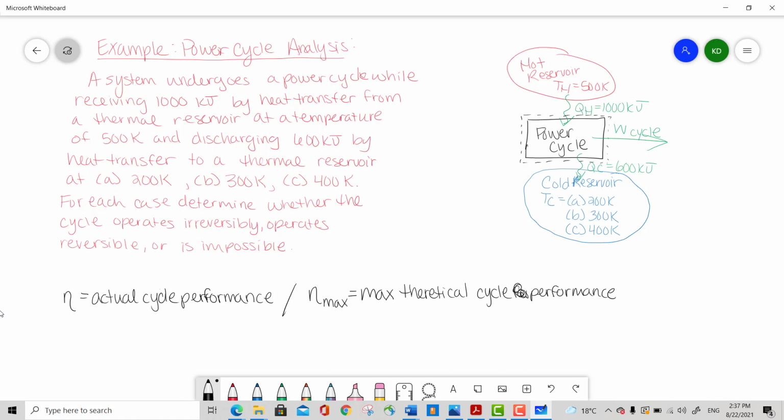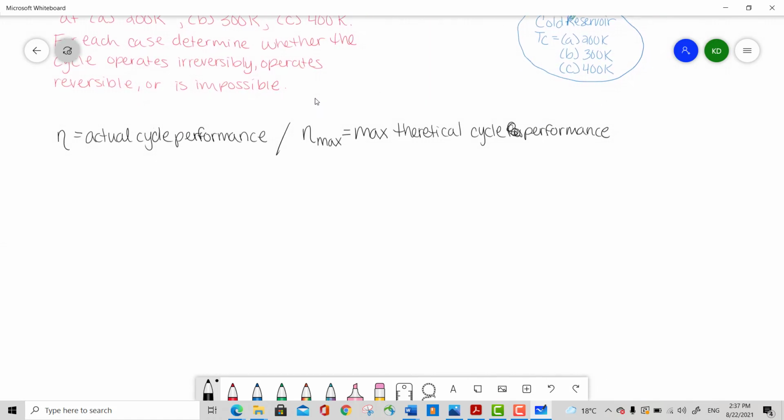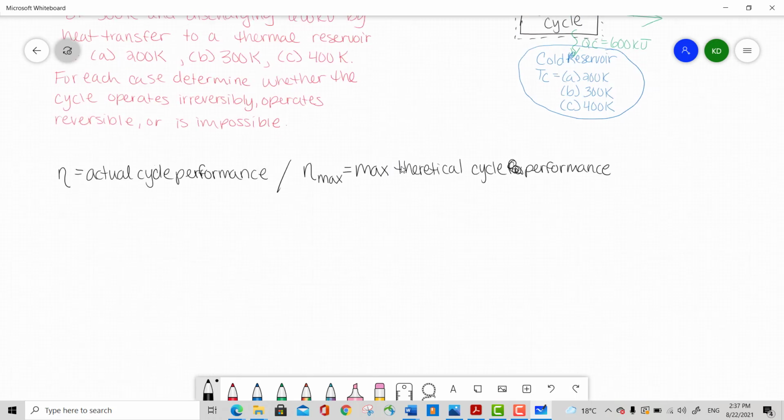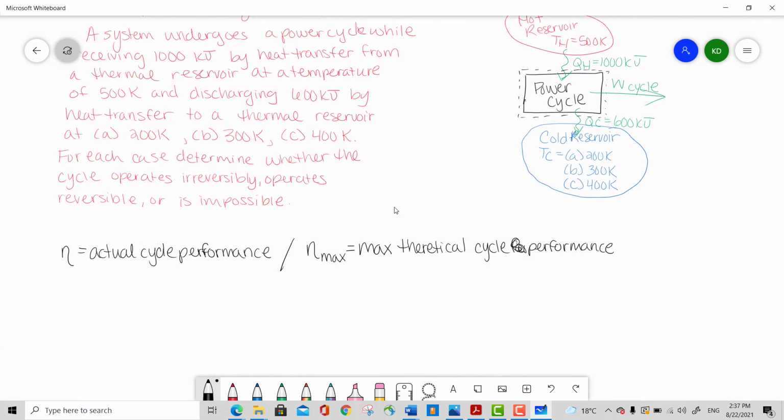And we're using those formulas that we just wrote, but I'll go ahead and write them again. So first, of course, if what we're trying to do is compare N to N max, then we need to calculate both of these.